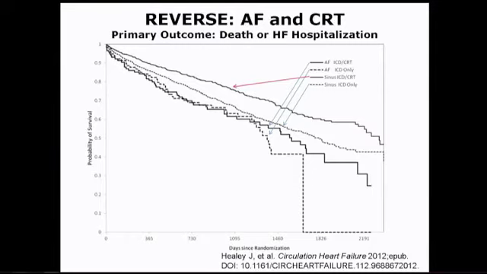That's not to say that benefit is not there, but it's one thing that goes into the equation, just like when I showed you that reverse J curve for risk factors for less good outcomes from MADIT-CRT. The presence of atrial fibrillation dilutes the benefit of CRT therapy.